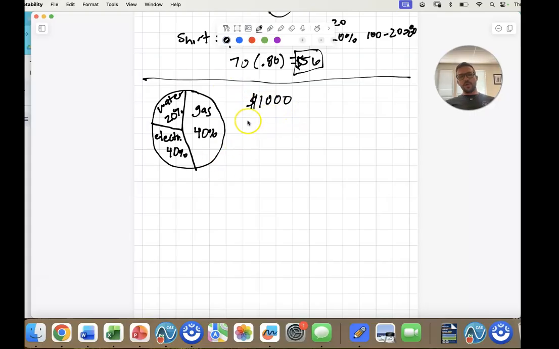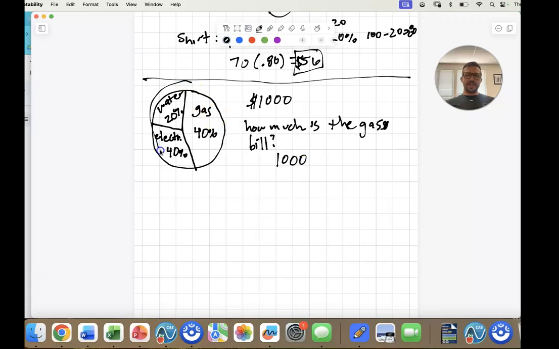So what they might ask is, how much is the gas bill? Now, how are we going to figure out the gas bill? Well, you're going to take the amount that everything is worth.